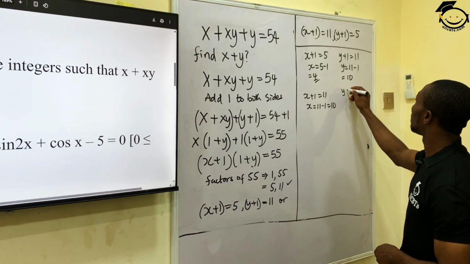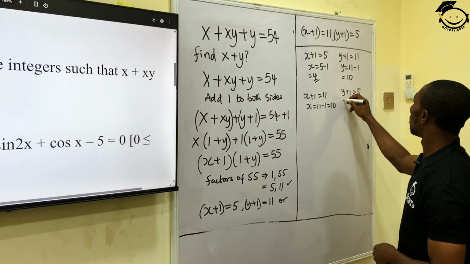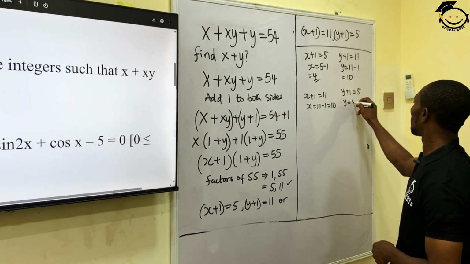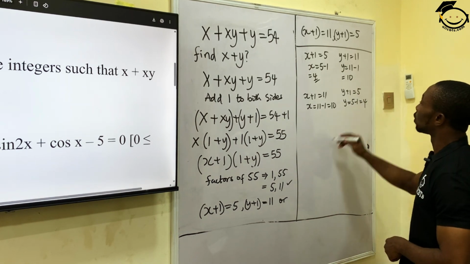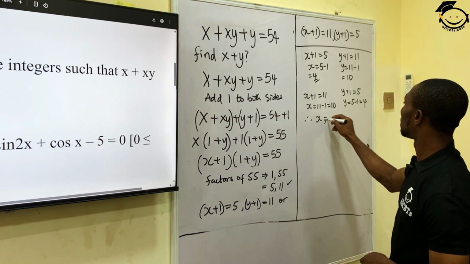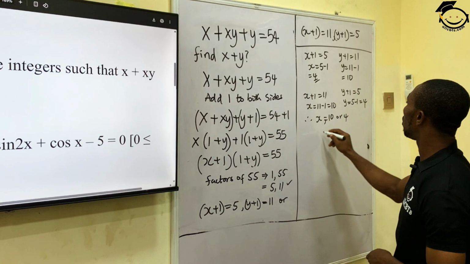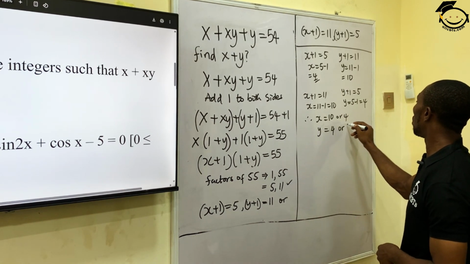And y plus 1 equals 5 will give us y equals 5 minus 1, which is 4. So the values of x could be either 10 or 4, while y is either 4 or 10.